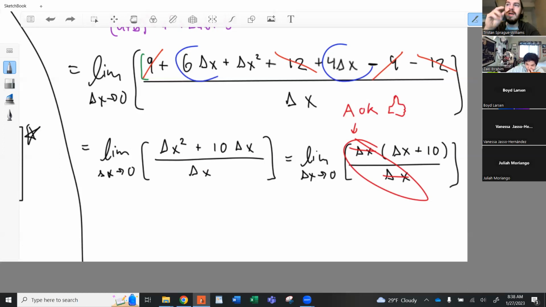Until you have factored it out and written it as delta x times everything else, delta x times everything else, not just delta x times x plus some other stuff, right? It can't be a factor inside one term among many. It has to be a factor of the entire numerator, which is why you've got to factor first before you cancel.